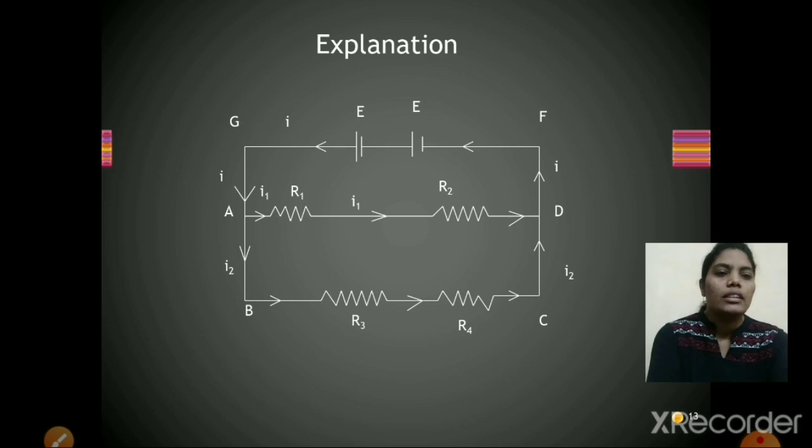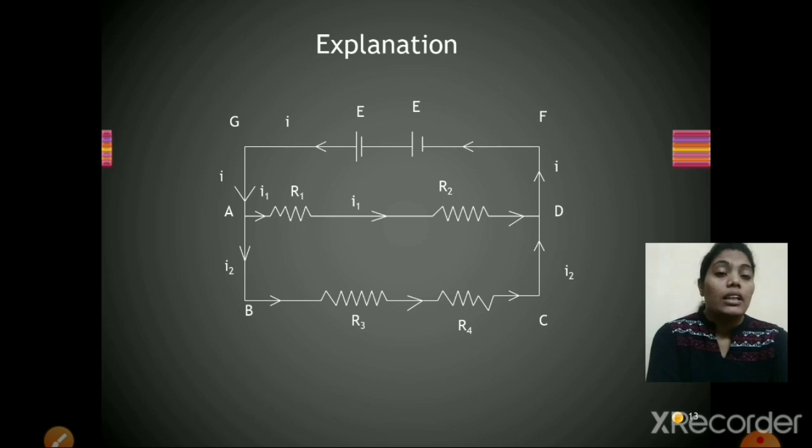Now, to understand this, let us consider a closed loop here. You can see here a closed loop A, B, C, D, E, F, G. Okay, I took a battery as E. So as it is E, I missed E in the loop name.